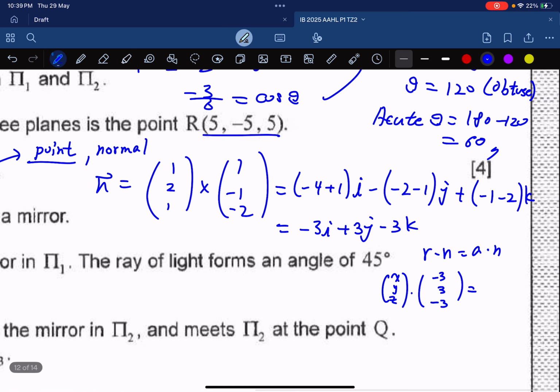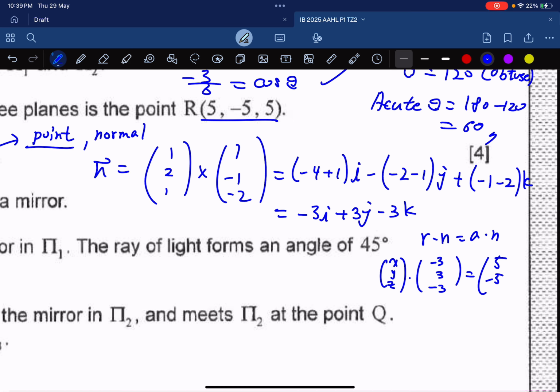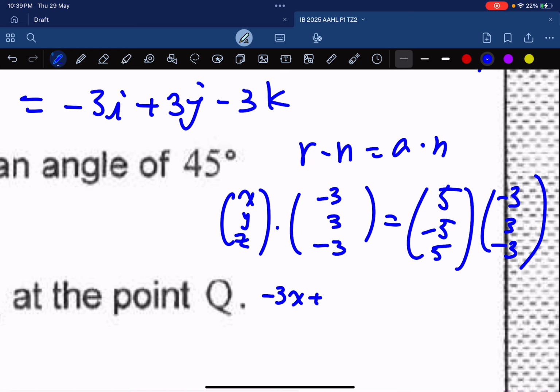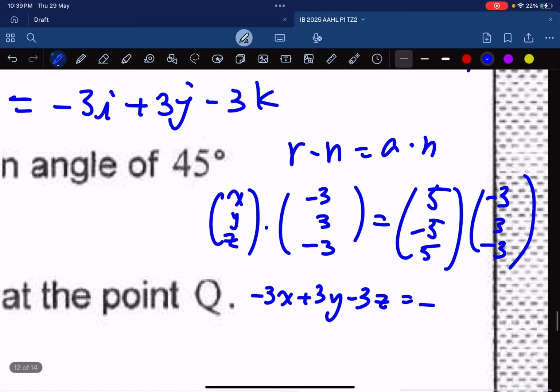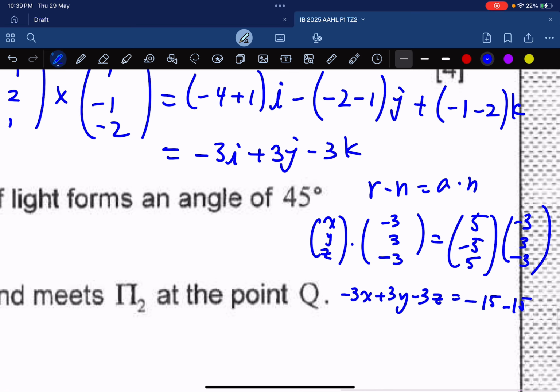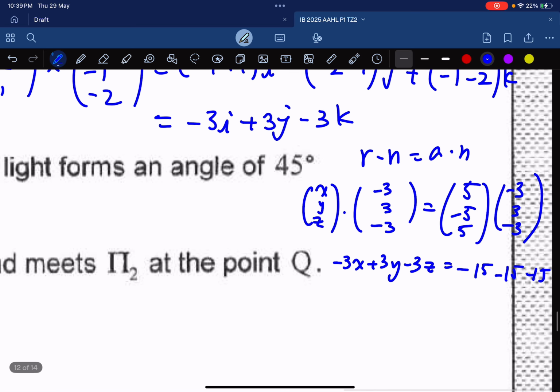A would be the point, which is (5, -5, 5). Normal, (-3, 3, -3). So dot it out, it becomes -3x, 3y, -3z, equals -15, -15, and -15, I think. Okay, so of course you can cancel at the end, but I'm just taking a safe route here.